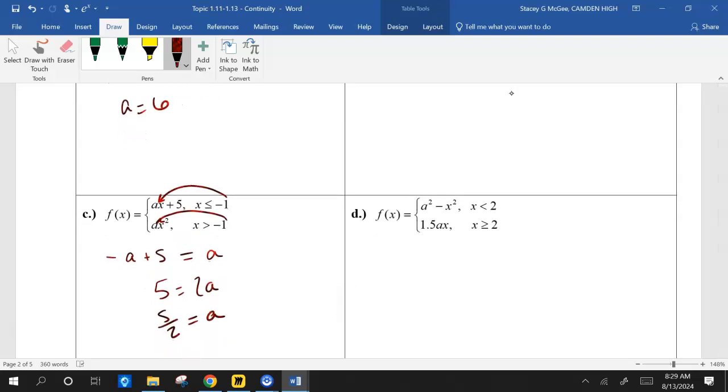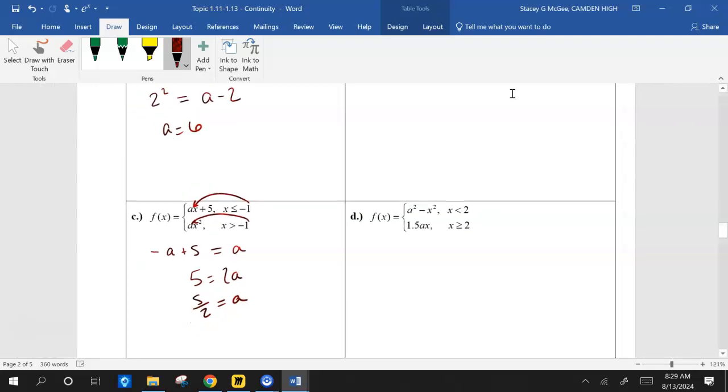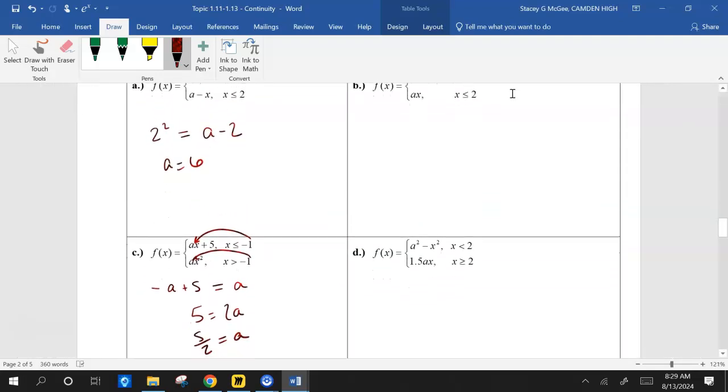For the x. Yeah, squared. This is a times -1 squared. So then I just added a to both sides.